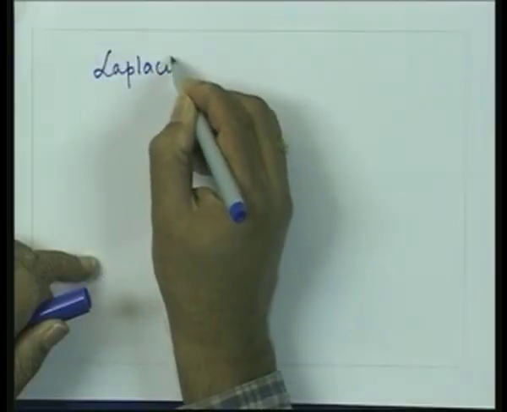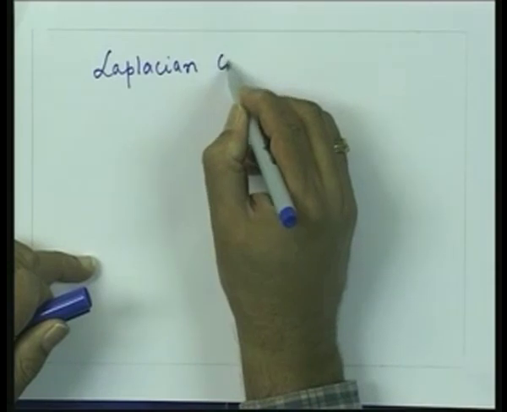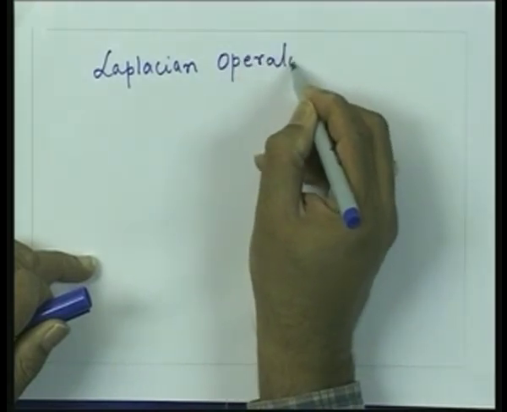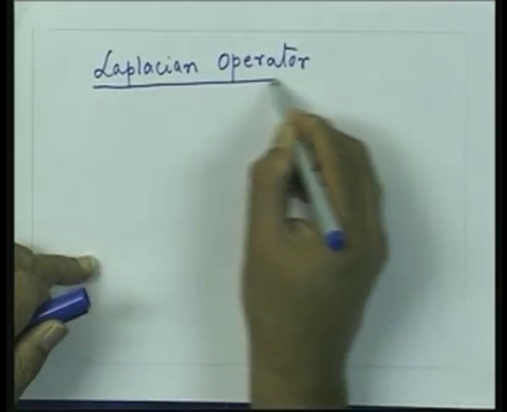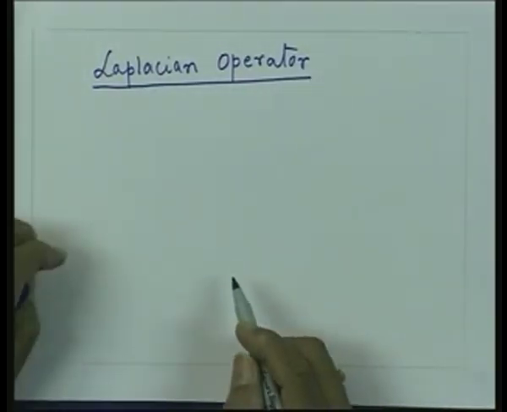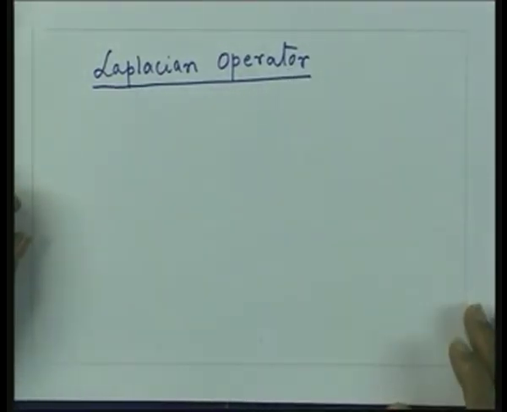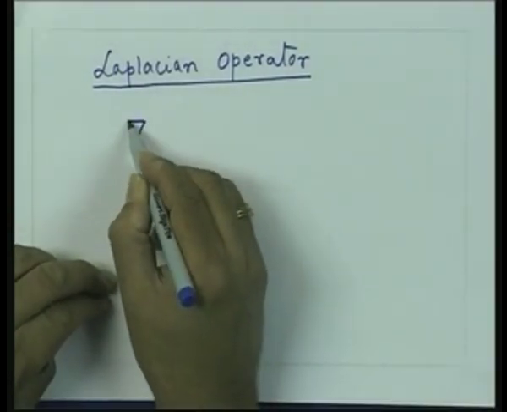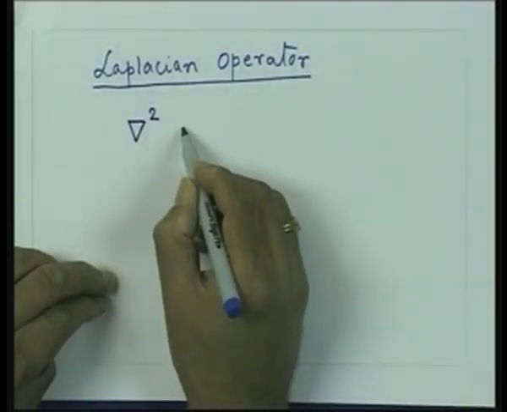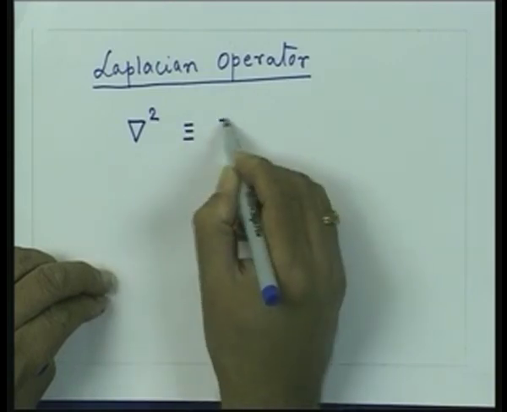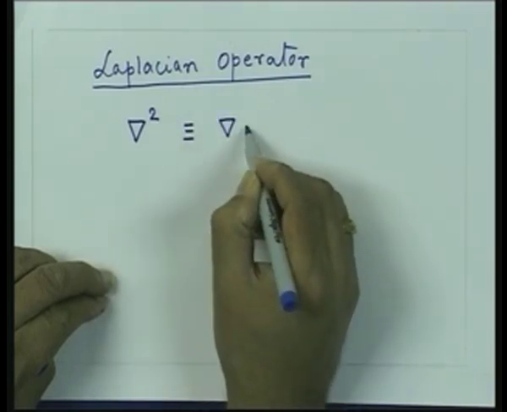Another operation which is defined in terms of the del, or this differential operator, is what is called the Laplacian operator. This is actually a second order differential operator, and it is denoted by del square, which is equivalent to del dot del.